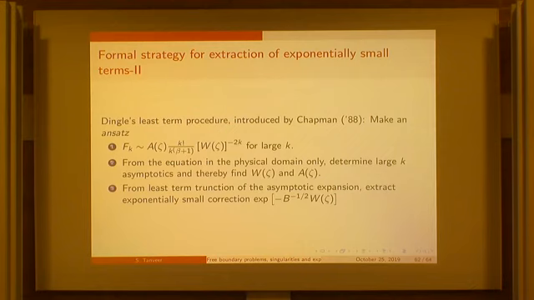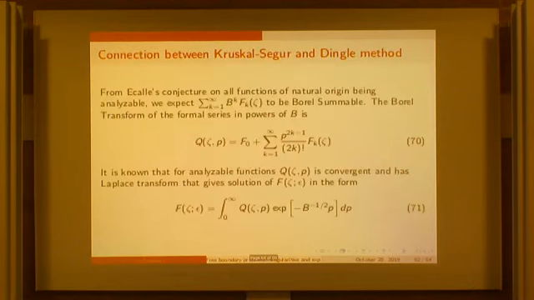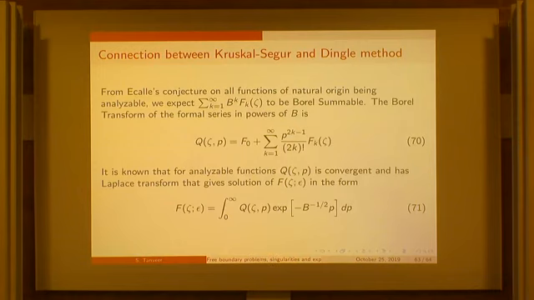By least term truncation, you're able to get the exponentially small correction. Now, what is the connection between the two results? The connection can be made through Borel summation in the following way.